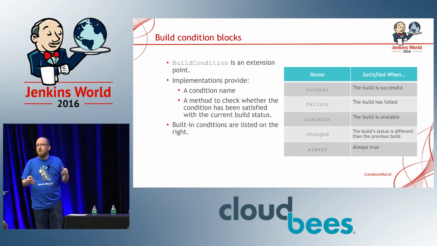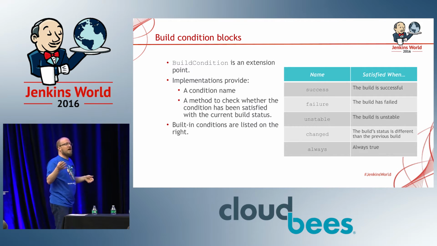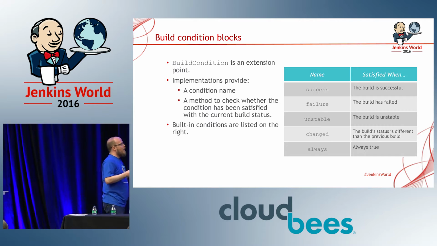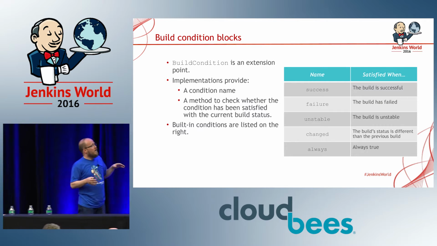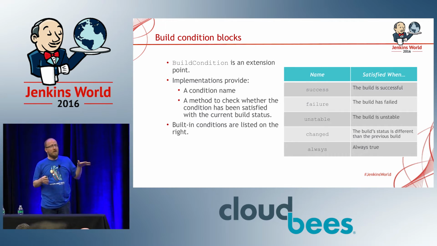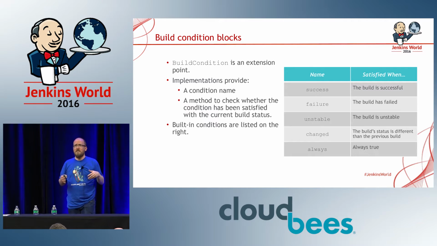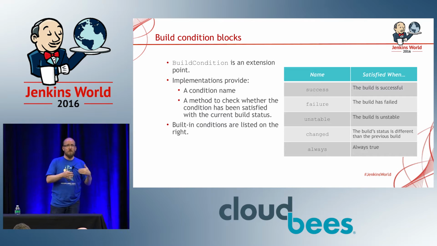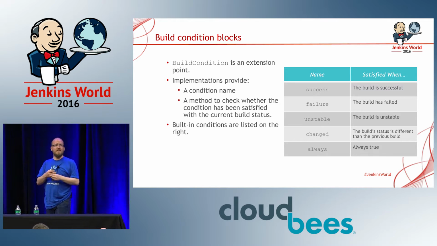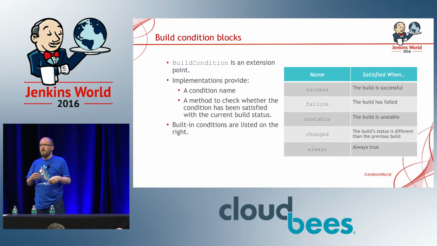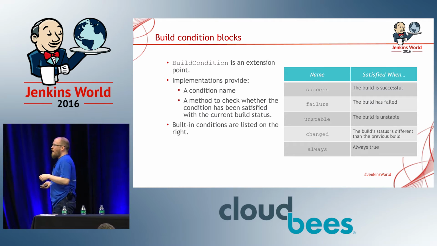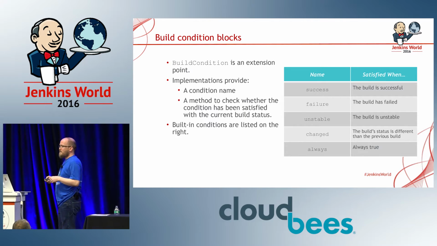Failure, oddly enough, only when it's failed. You can probably guess about unstable. Changed is an example of a little more complicated logic, and then it looks to see, okay, is this build status different than the previous build status, and will only fire when that's the case. And always will always run, no matter what the build status is.